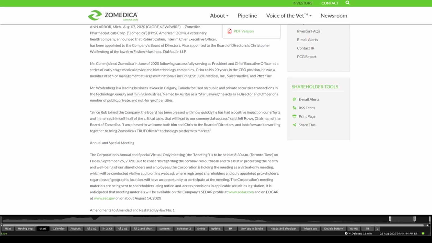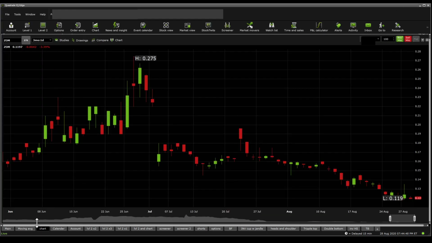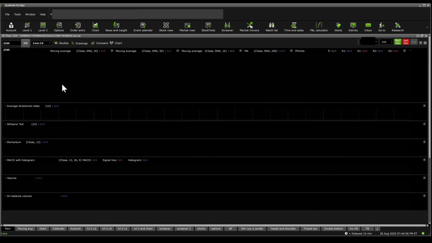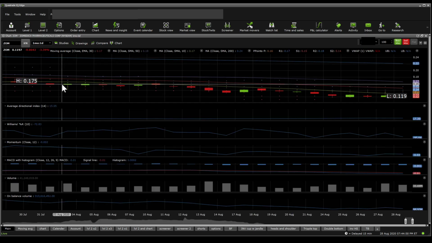All right, so this is kind of my opinion on how the stock will trade. You get to see that it's going to be trading sideways, right? It's going to be between, I'm going to say, probably 11 cents, or maybe even 10 cents on a bad day. So if the market gets hit with a red day, you can see 10 cents. And it probably will jump up between 11 cents and 14 cents.